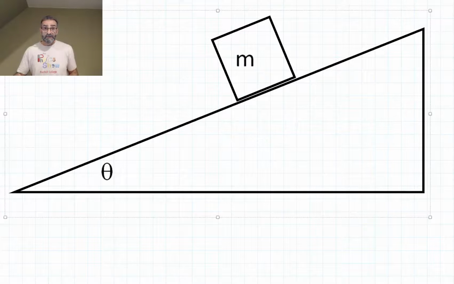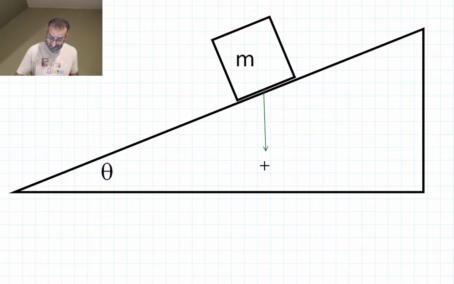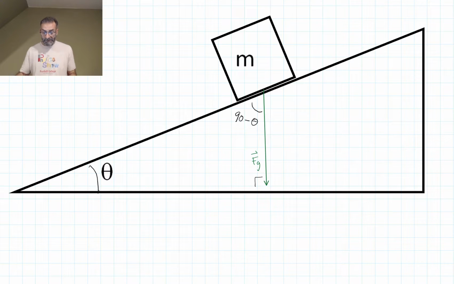If we zoom in on our drawing of the box on the incline, we know the force of gravity acts toward the center of the earth. Since we know that this is a 90-degree angle, this angle up here is going to be 90 minus theta, the angle of our incline.